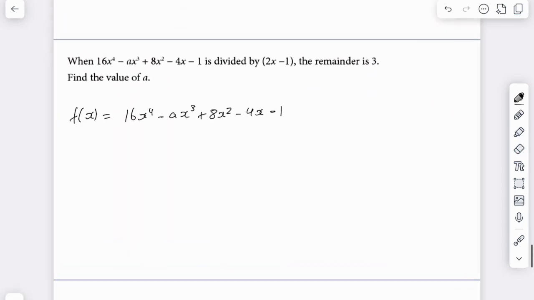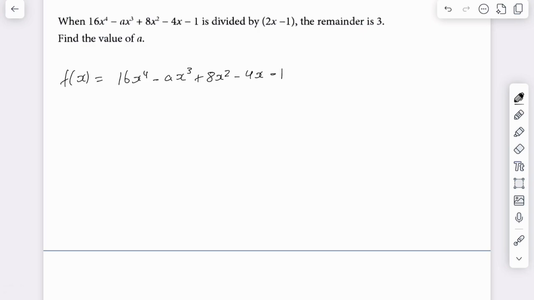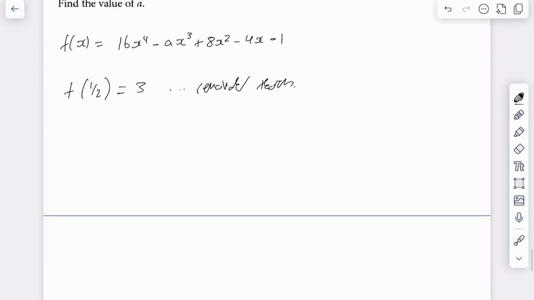So taking that, we can say that f of a half must be the remainder. So what I can say is f of a half equals 3, by the remainder theorem.